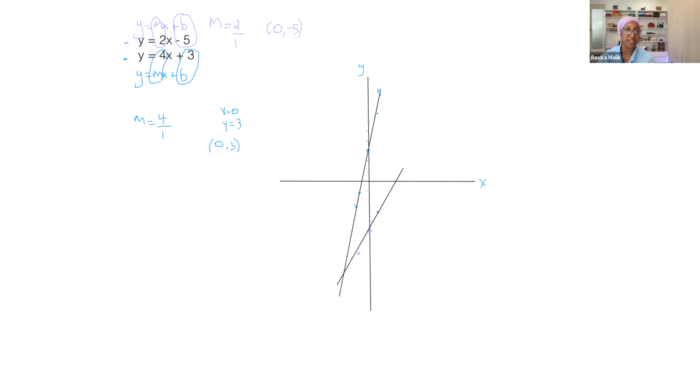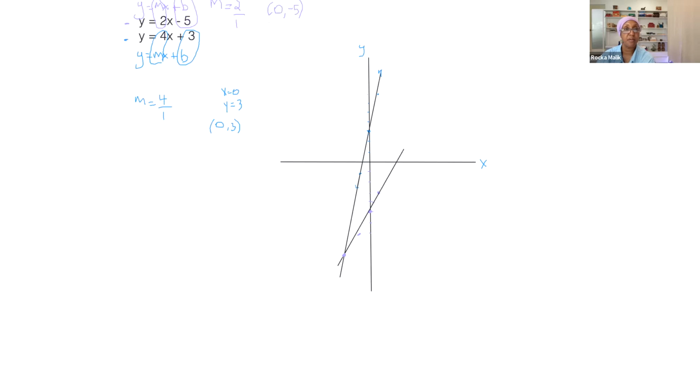We don't know where exactly this intersection is on the graph, but now we can figure it out. What exactly is this point? We have y equals 2x minus 5, and y equals 4x plus 3.